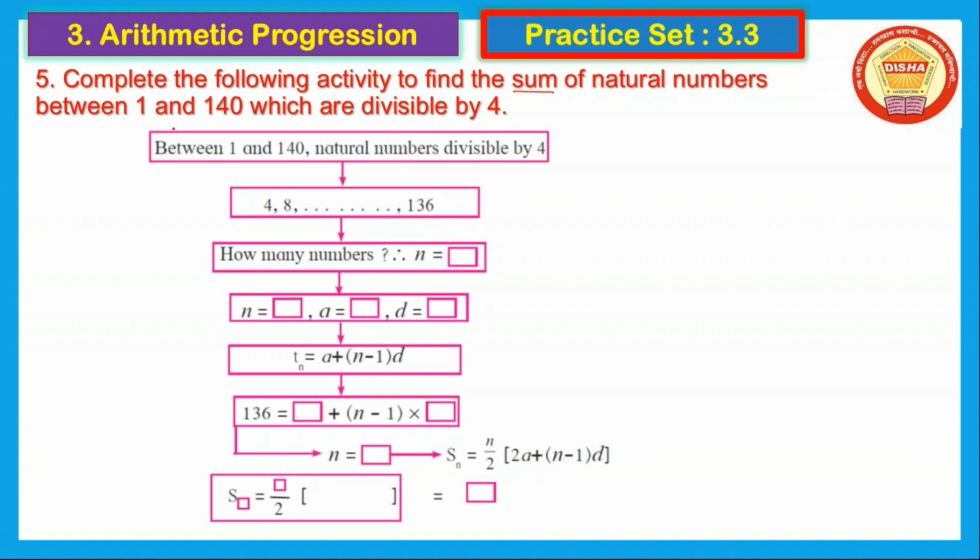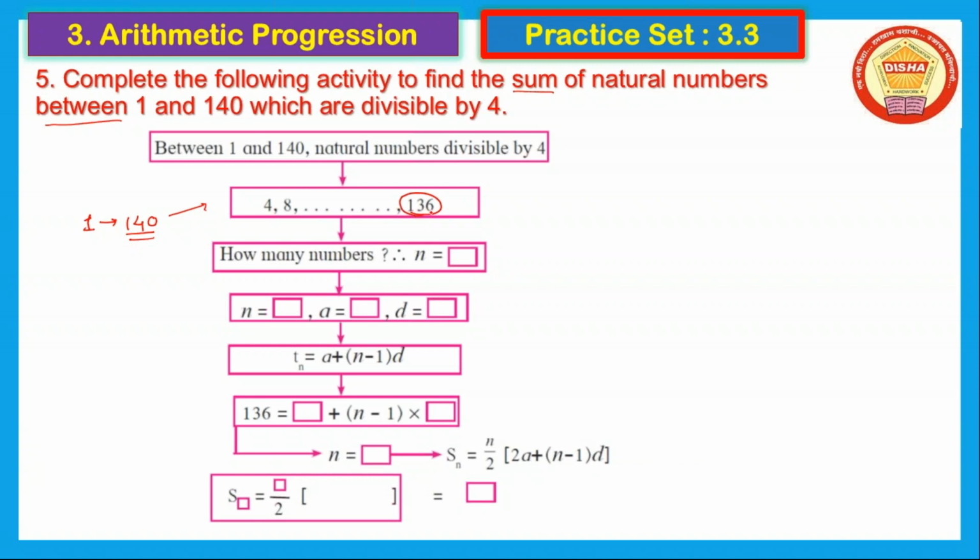That is given here: 4, 8, and so on, up to 140. 140 is divisible by 4, but we are not taking this number, since it says between, meaning we do not include 1 and 140.